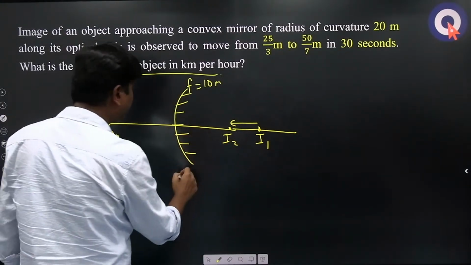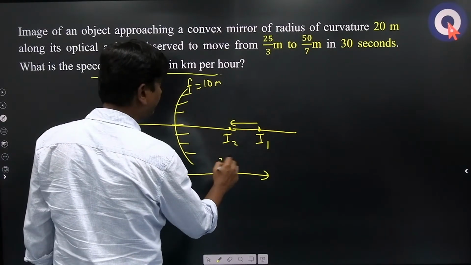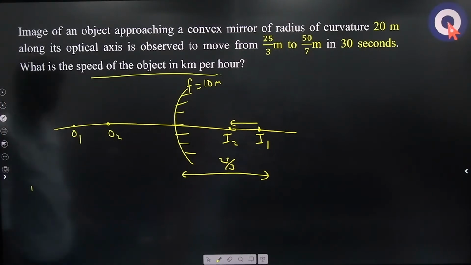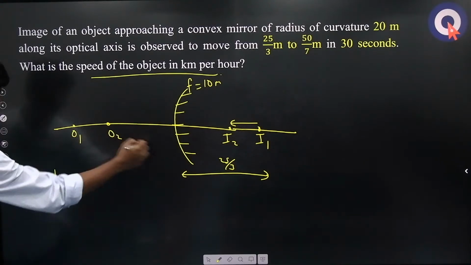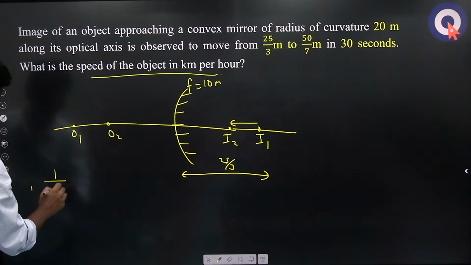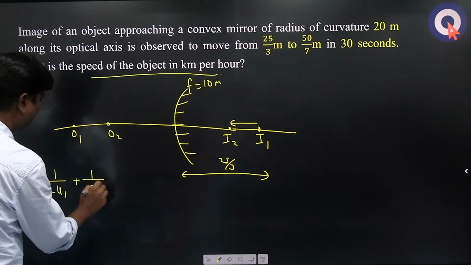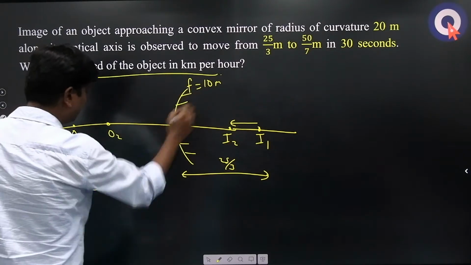The first image distance is given as 25/3. You can find the object distance using the mirror formula. So minus 1/u1 plus 1/(25/3) is equal to 1/f, and the focal length is positive.